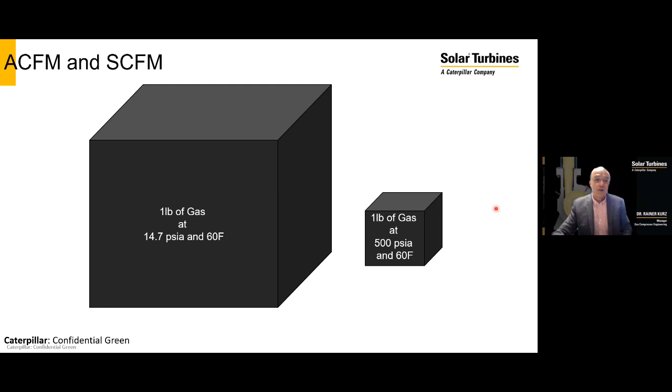So you see on that graph, the standard flow is essentially based on what the volume of the gas would be at the standard conditions, whereas the actual flow is the volume that gas takes at the conditions at the inlet of your compressor.